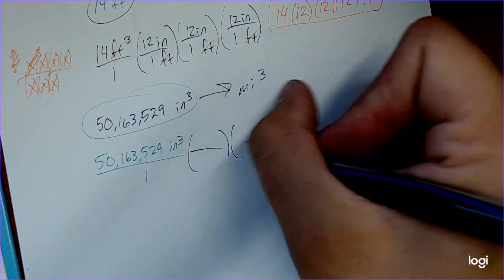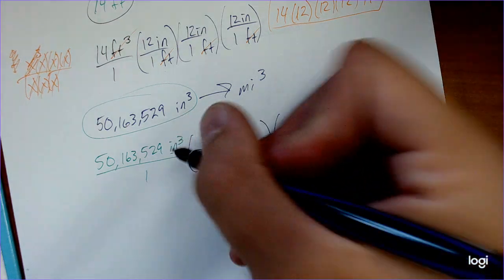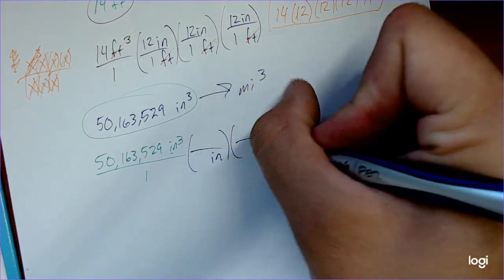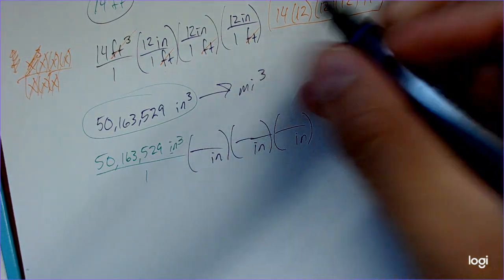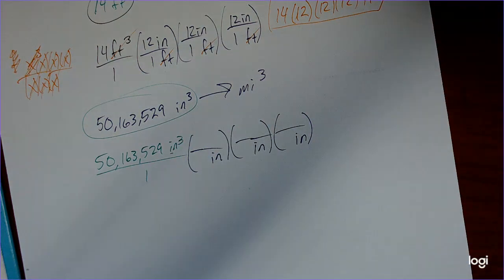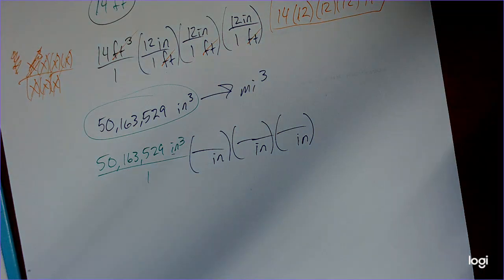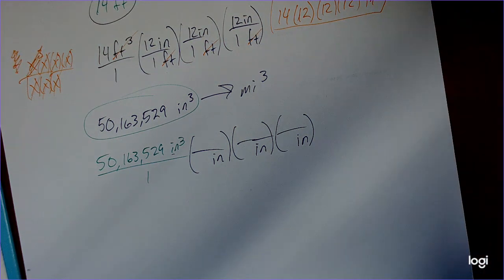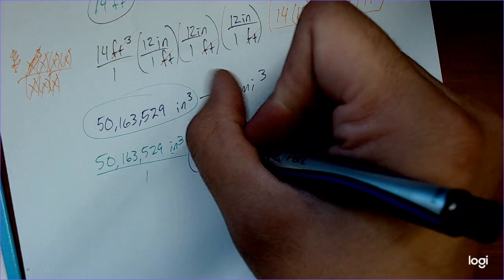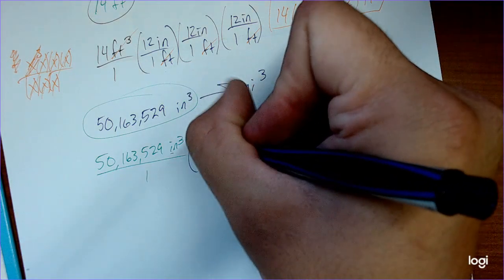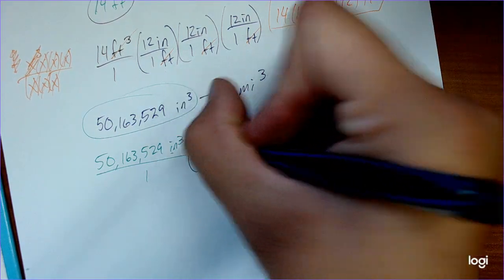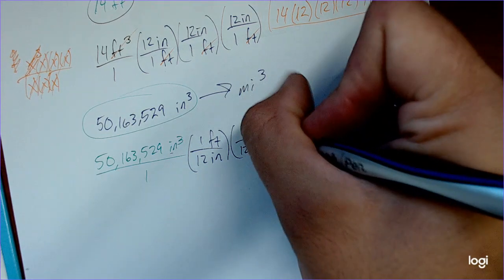Since inches is on top, that's going to be my label on the bottom, not once, not twice, but thrice. Now I just have to figure out, is there a way to go directly from inches to miles? There's not. But I can go from inches to feet, and then from feet to miles. So we will go from inches to feet. I know there are 12 inches in 1 foot, and then I'm going to fill that in to the other 2.